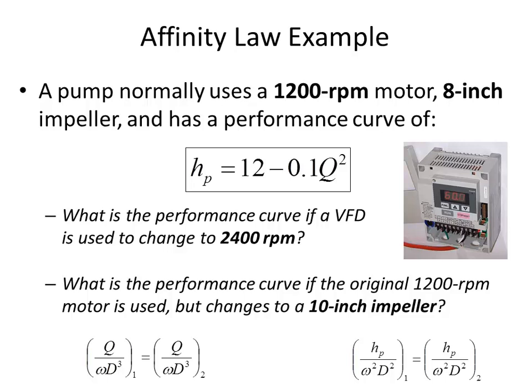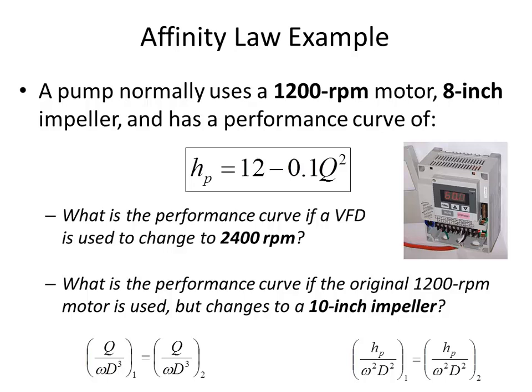And if we solve for HP2, we'll get 48 minus 0.1 Q2 squared. So it quadruples the cutoff head from 12 to 48 meters. So that's the new performance curve at 2400 RPM.